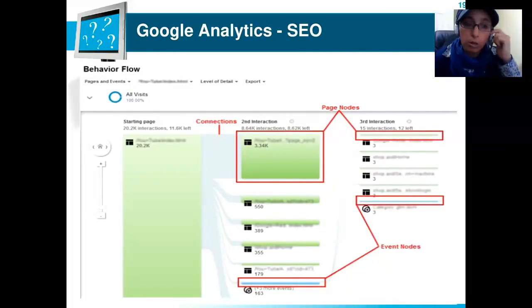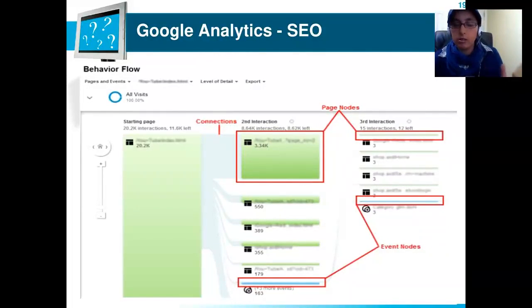When I talk about the behavior flow, there's a report in Google Analytics, and this is how it looks. You will be able to see the entire user journey on your website, when they were visiting your pages, moving from one page to another, and you can follow the overall users. It's more complicated, you can't see individuals, but you can see the overall users.